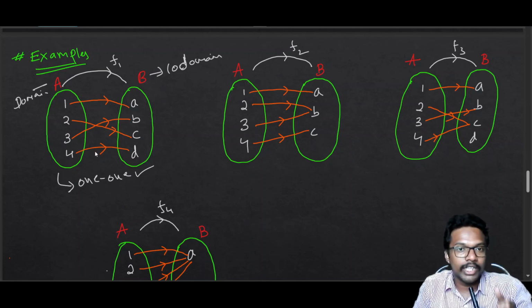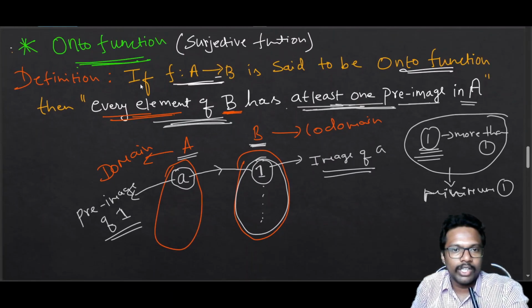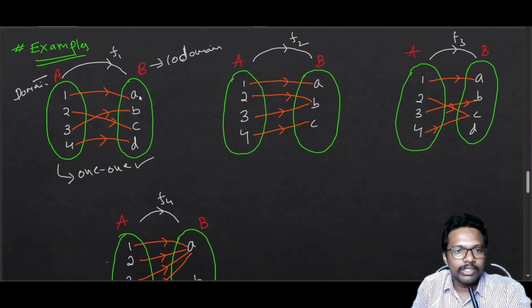Now our main intention is to find the onto function. So onto function means we have to focus on the codomain part. Let's check the definition here. In the definition we have every element of B. Let's check that every element of B is used here. There is one arrow mark coming to A, one arrow mark coming to B, one arrow mark coming to C, and one arrow mark coming to D. So every element of B is used, and every element of B has at least one pre-image.